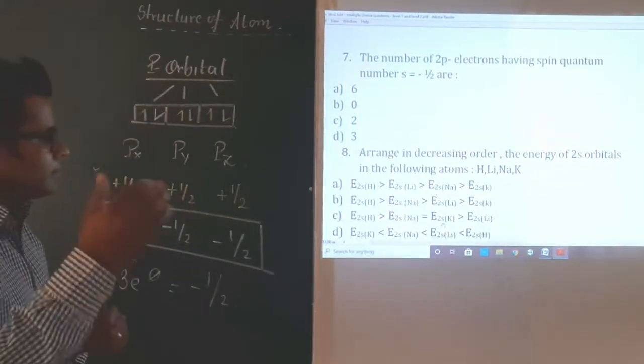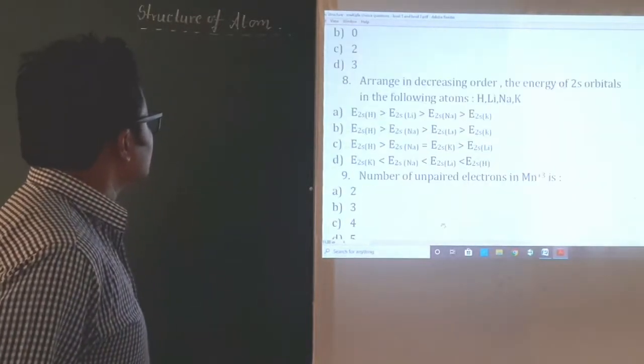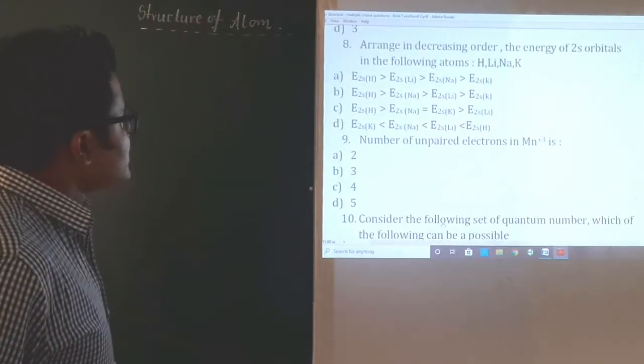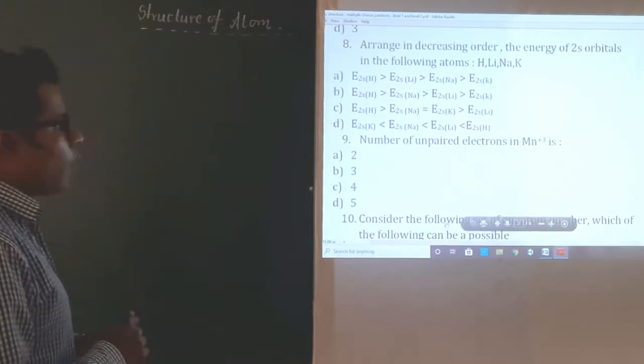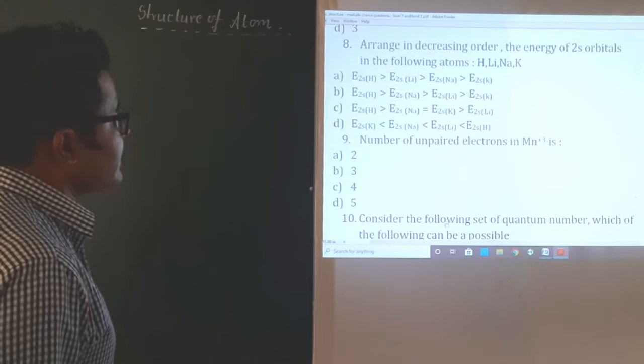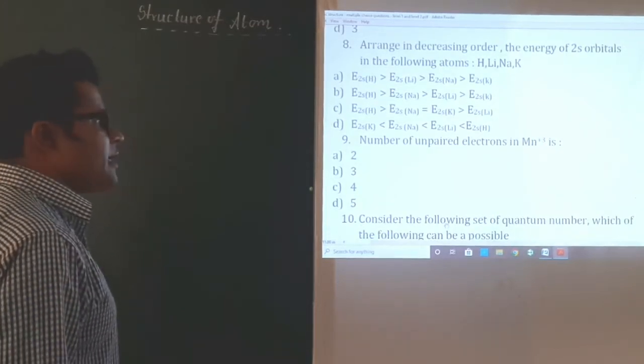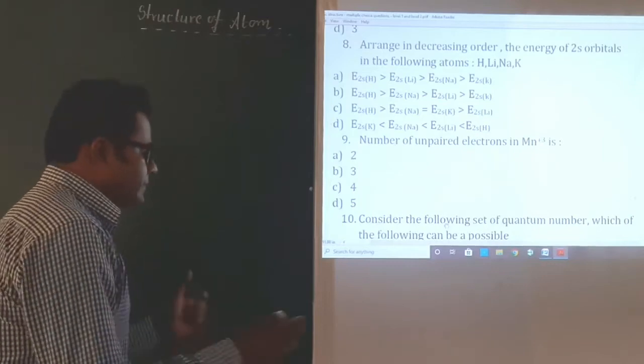Going forward with the next question. The next question: arrange in the decreasing order of energies of 2s orbitals in the following atoms: hydrogen, lithium, sodium, potassium. Alright.